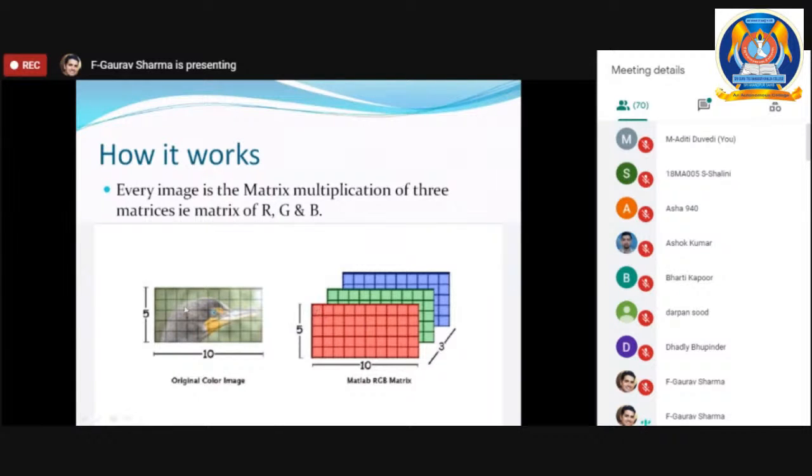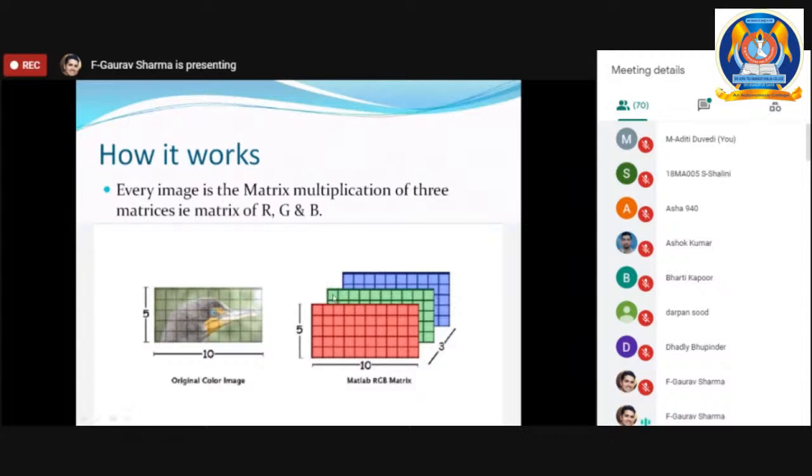If I say the first matrix is the red matrix, and the first element of the red matrix is 0, that means there is no red color in it. You can see there is a dark green color.